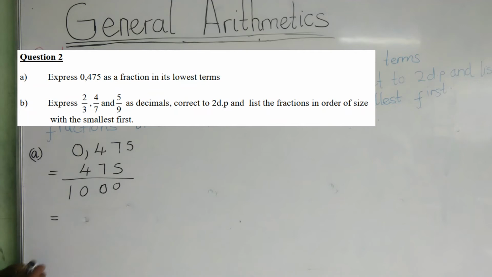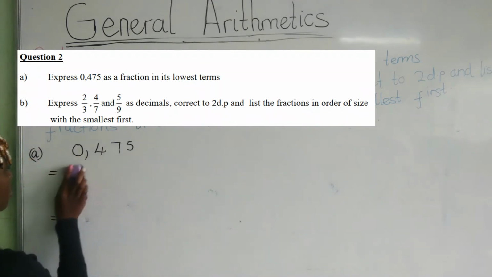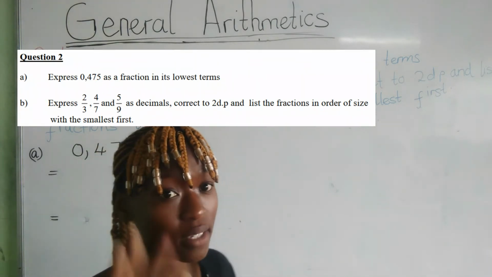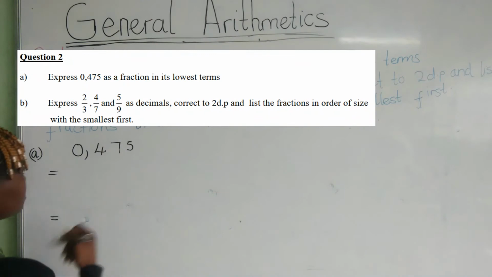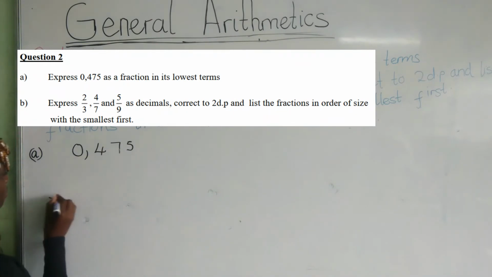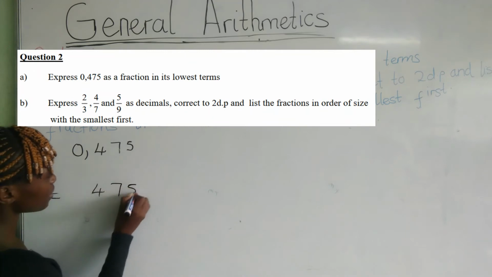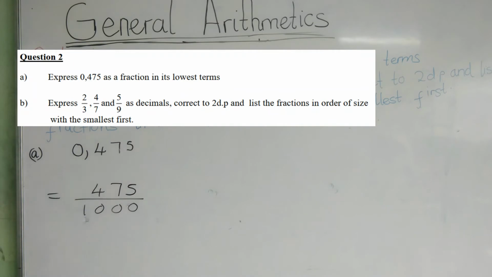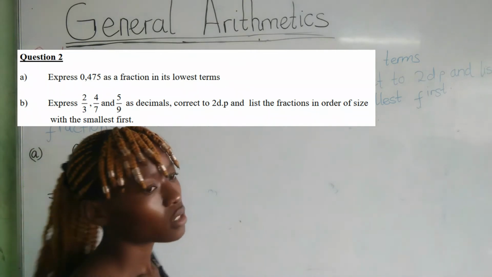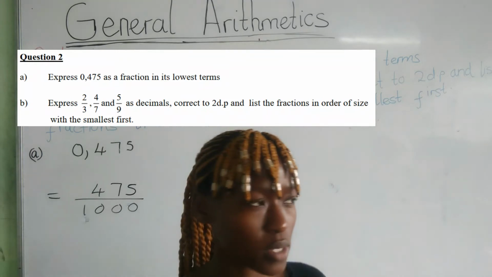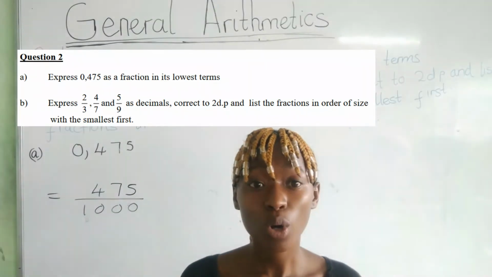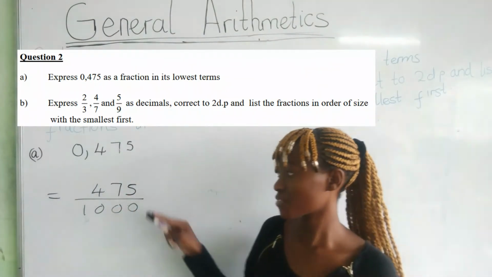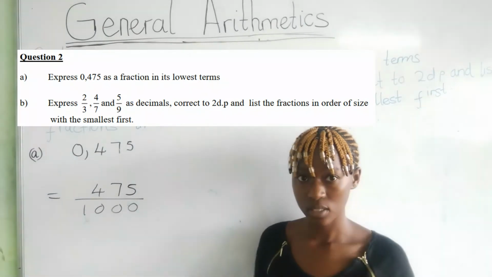So for this part, let me just put some spaces. You can actually pause the video and try to calculate yourself before I calculate it myself. 475 over 1,000. So you find the highest common factor, which enters in 475 and also in 1,000.